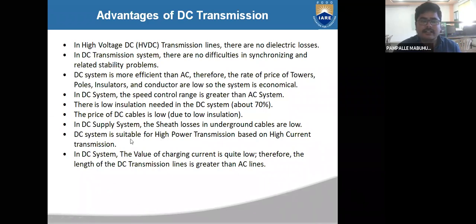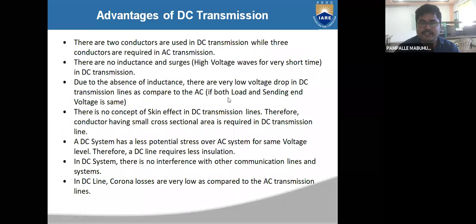This DC system is suitable for high power transmission based on high current transmission. The charging current in the DC transmission system is also minimum. So these are the advantages of the DC transmission system.